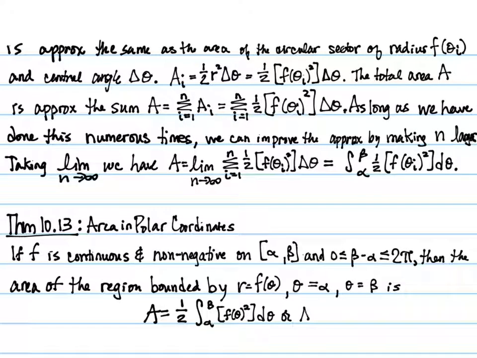Or, if you prefer, you can say the area equals 1/2 the integral from alpha to beta of r squared d theta. All that work to get to that formula, right?